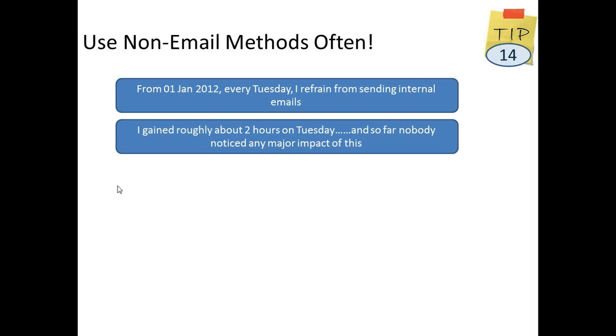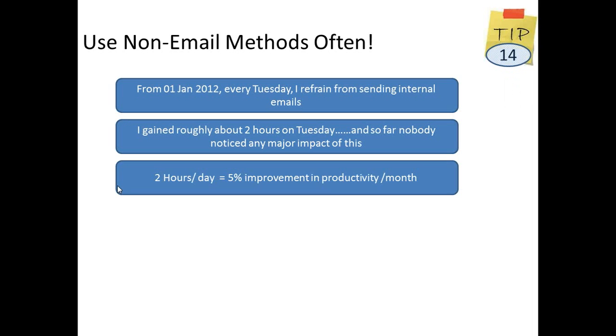Now, assume that you're going to not write any email on one day. 2 hours per day means roughly 5% improvement in your productivity. 2 hours per day, you don't write emails, you do some other productive work. 20 working days in a month, that's 5%, 10%. 10% improvement in productivity.